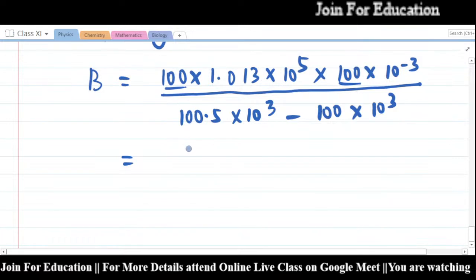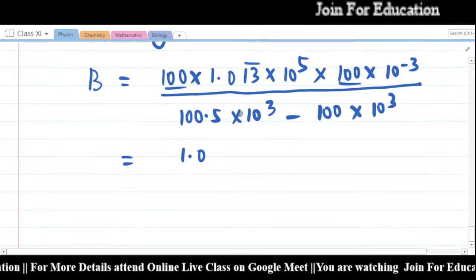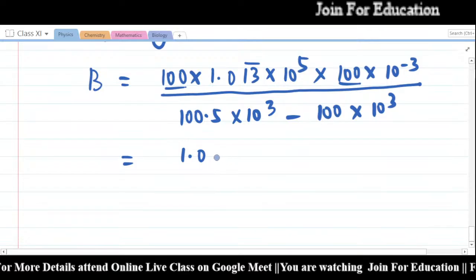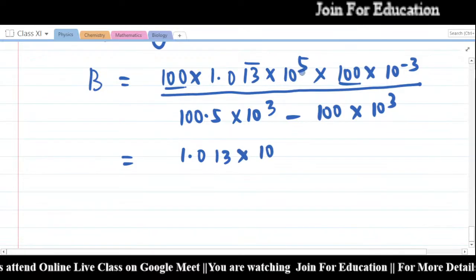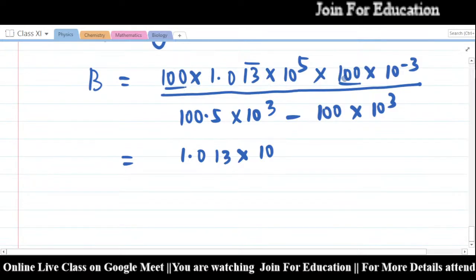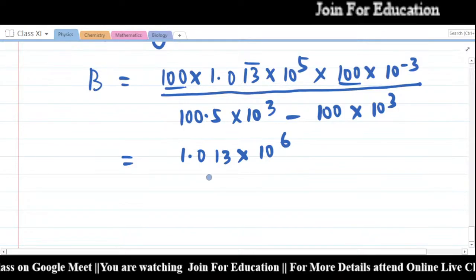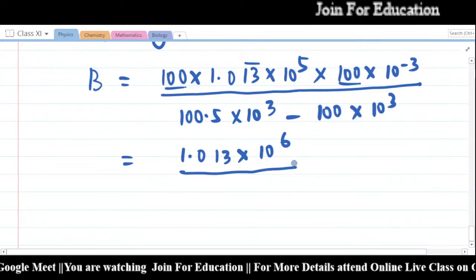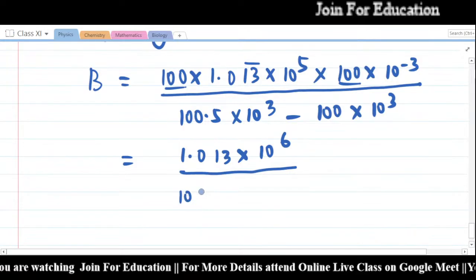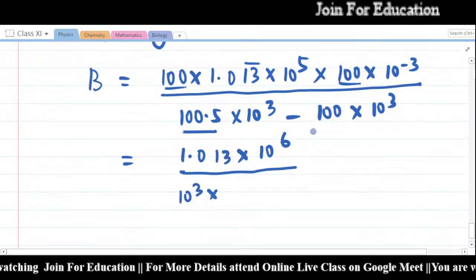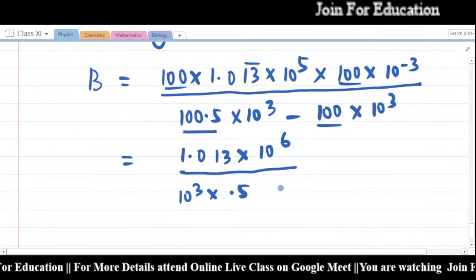So here we write 1.013 approximately, into 10 to the power 7 to 9, 9 minus 3 equals 6. Here we take 10 to the power 3 common into 100.5 minus 100, which equals 0.5.